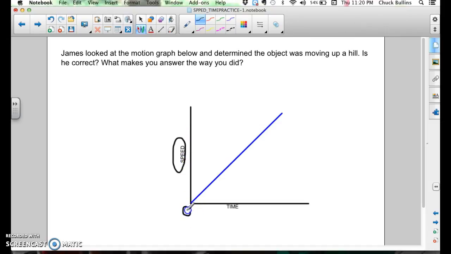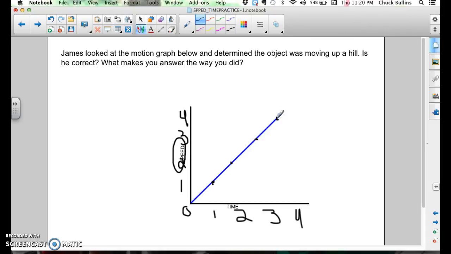If I put those numbers in again, I notice that at different time intervals, at 1 second, it seemed like this object was going about 1 mile an hour. At 2, 2. At 3, 3. And at 4, 4.